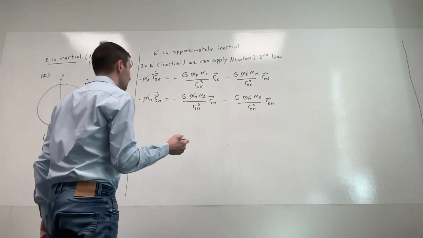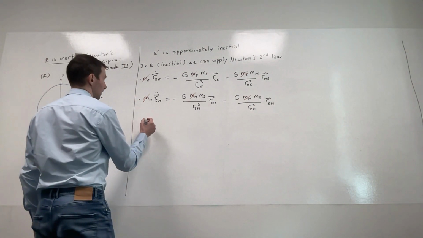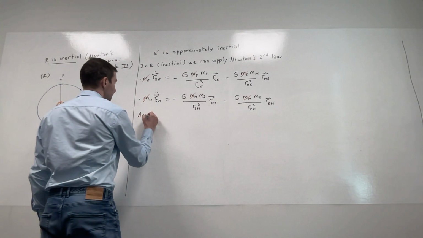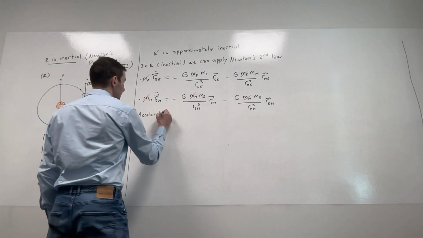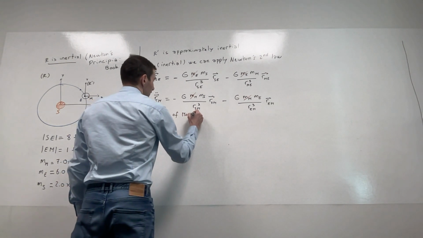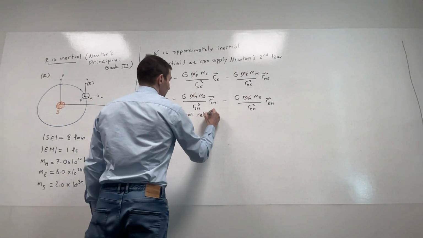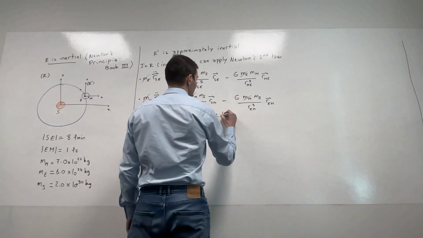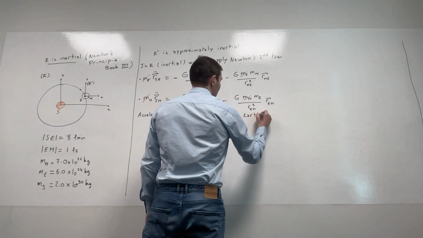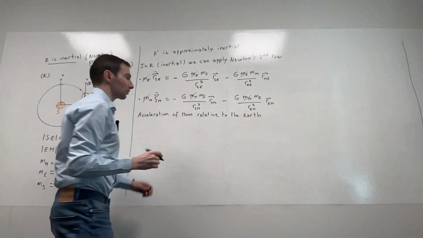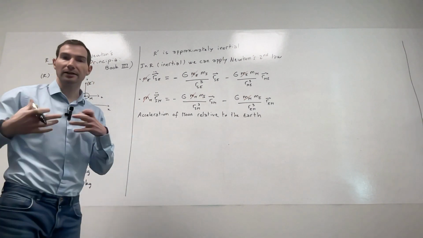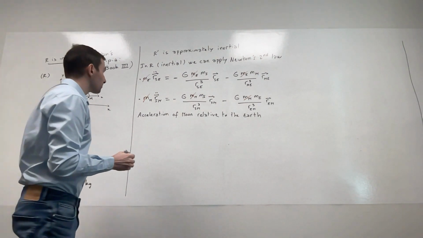So the way to do that is to say that the relative acceleration of the Moon relative to the Earth is going to be, we simply need to use normal Euclidean and Galilean kind of transformations here.